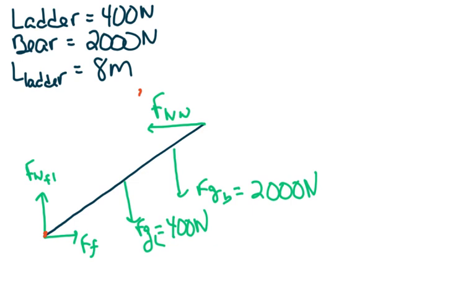Now, technically, can I figure out the normal force from the floor from this diagram? Yeah, then I could put the pivot at the top, figure out my frictional force, and go from there. I would put it at the bottom, and I would start there. So that's my 0 position.